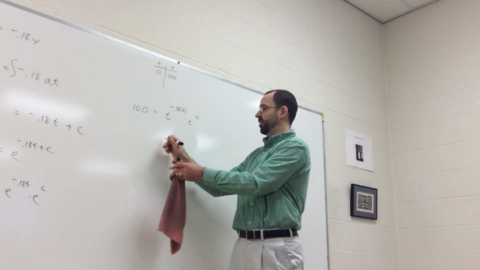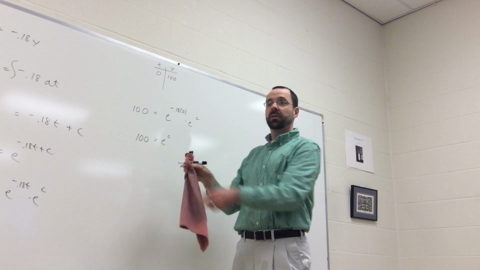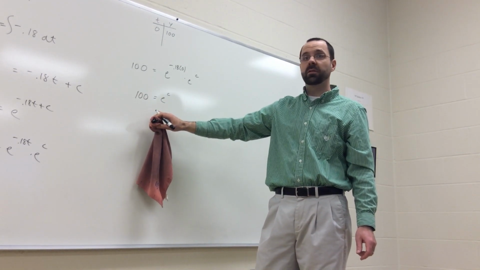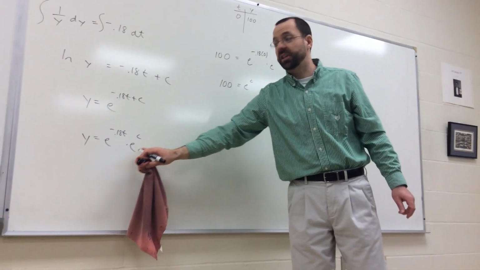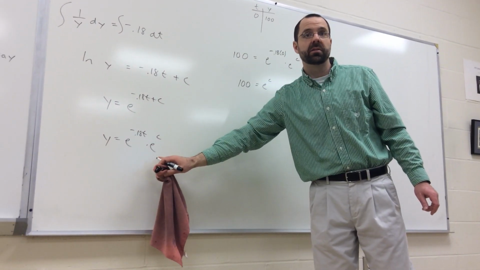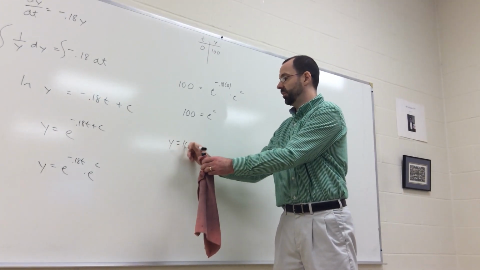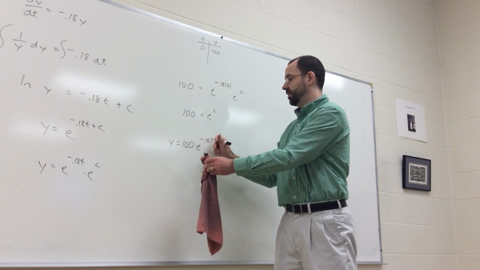So now I figured out that e to the c is 100. So now I can come back down here and replace this e to the c with 100. So my equation is y equals 100 times e to the negative 0.18t.